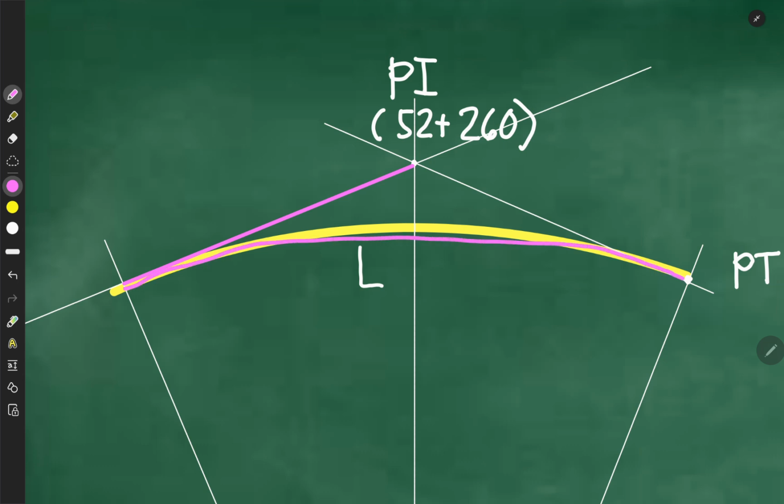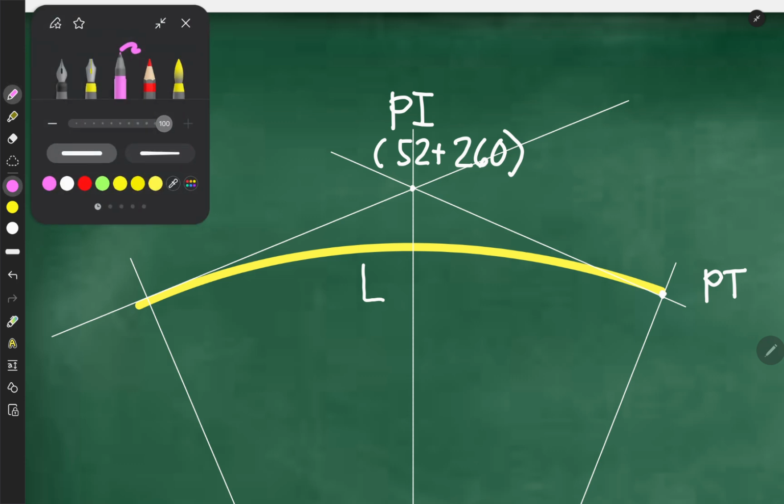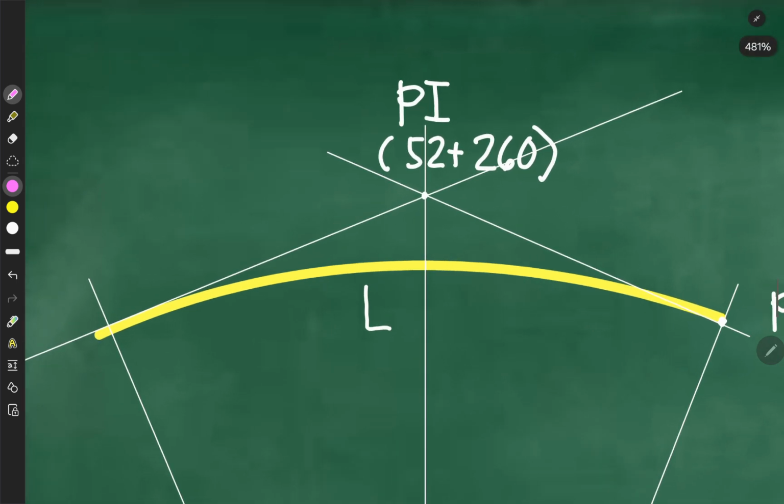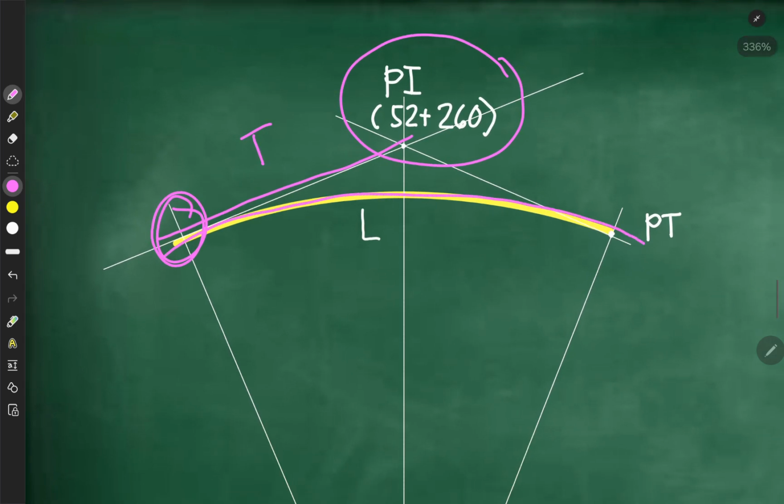Then plus the length of curve from PC to PT, which is our L. Just to clear things up, to determine the stationing of PT, we take PI, minus T, so we are now at PC, then plus the length of curve along PC to PT.